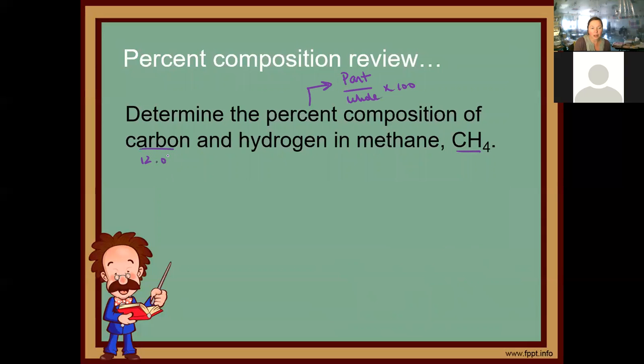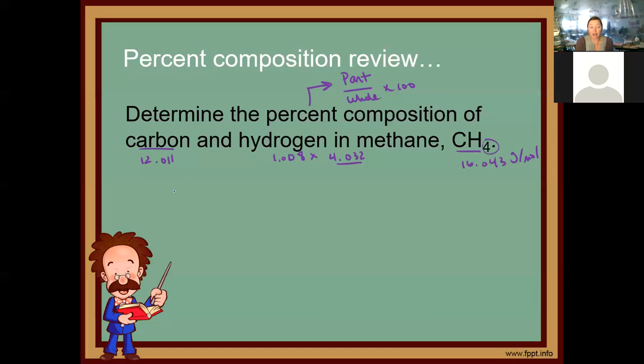So carbon is 12.011, hydrogen is 1.008, but there's 4 of them, so that's going to be 4.032 total. And then if I add the 1 carbon and the 4 hydrogens, 12.011 plus 4 times 1.008, it's going to give us a grand total of 16.043 grams per mole.